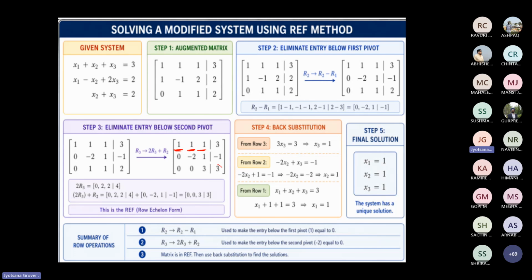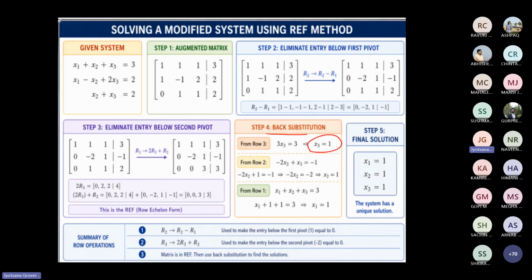But we'll start from the bottom. 3x3 is equal to 3, because this is the third column, for x3. So 3x3 is 3, and we can find x3 and substitute in the first row. So x3 is equal to 1.